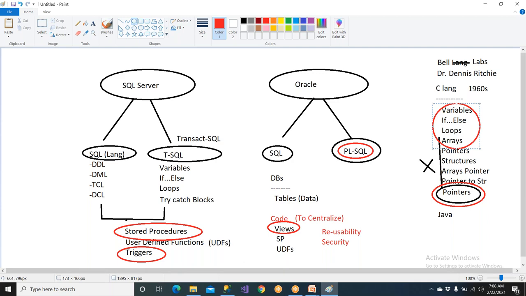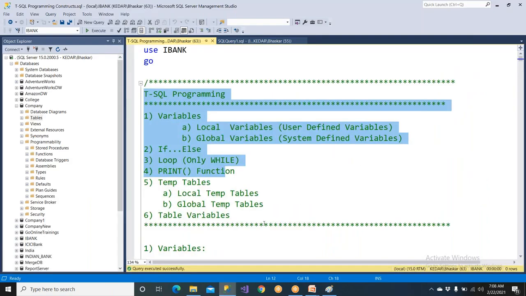A stored procedure is very simple, but the problem is you are jumping directly to this. When you jump, even though I teach nicely, you will not be able to understand many things because you are not coming from this background. Clear? So never think that programming is very complex. It is very easy, guys. So let us learn.